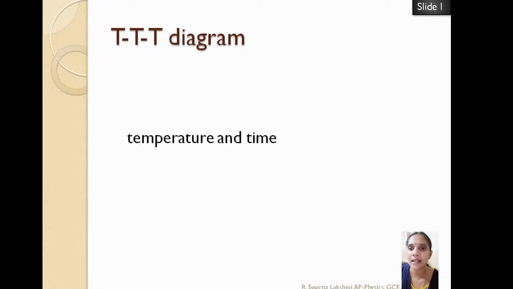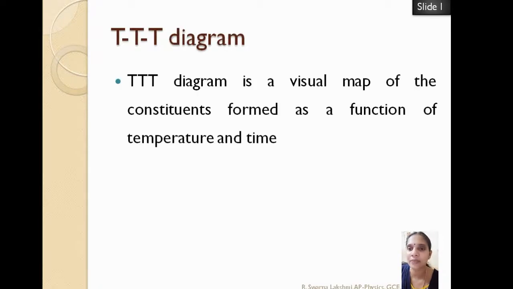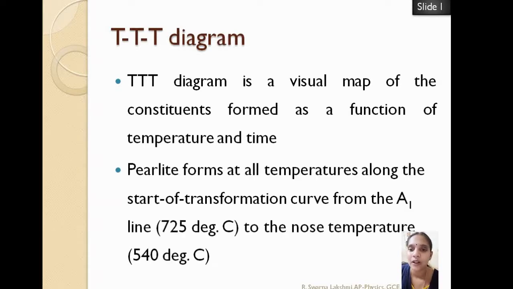Now let us construct the TTT diagram. A TTT diagram is a visual map of the constituents formed as a function of temperature and time. Pearlite forms at all temperatures along the start of transformation curve from the A1 line to the nose temperature. The A1 line is the eutectoid temperature line, that is 725 degrees centigrade.